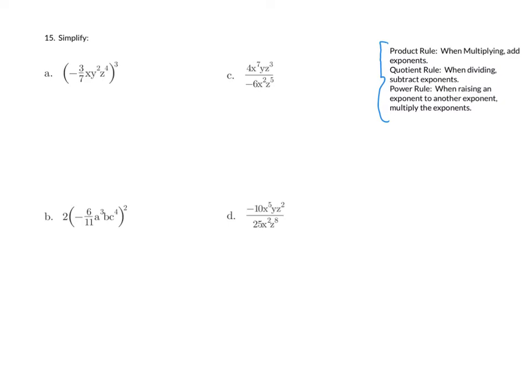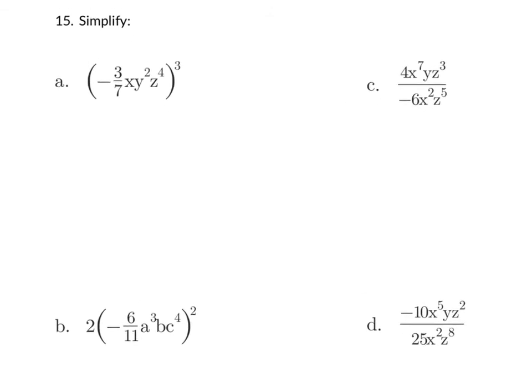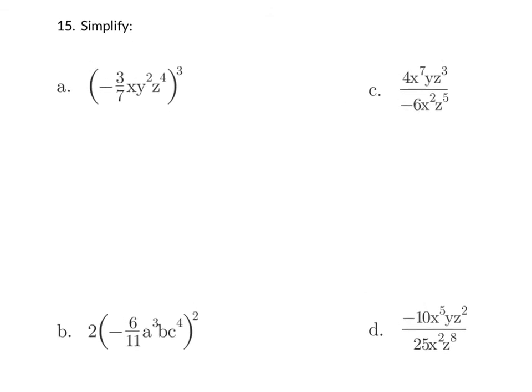All right, let's see what we got here. So for the number part, we're going to just cube the number. And if our number happens to be a fraction, remember that we cube the top and the bottom. So if I apply my cube to my number, I get negative 27 over 7 cubed is 343.